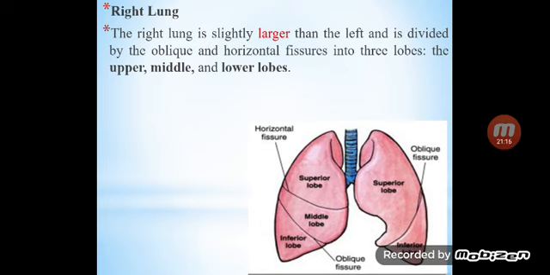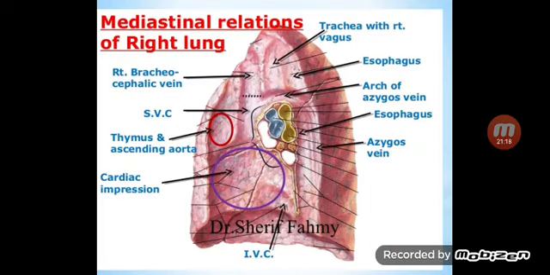The root of the right lung has relations to structures that are different from those of the left lung.